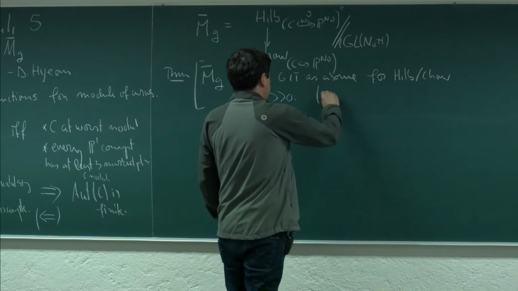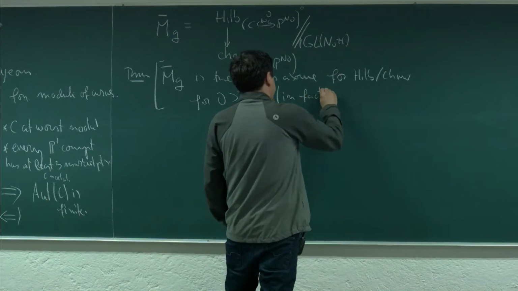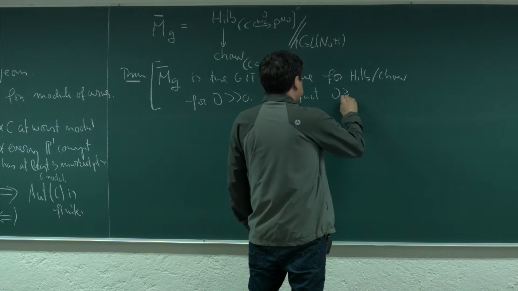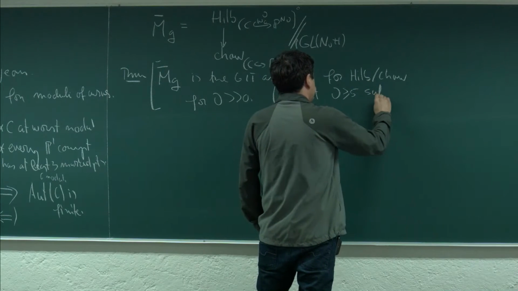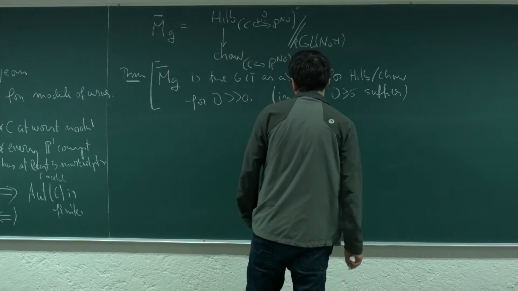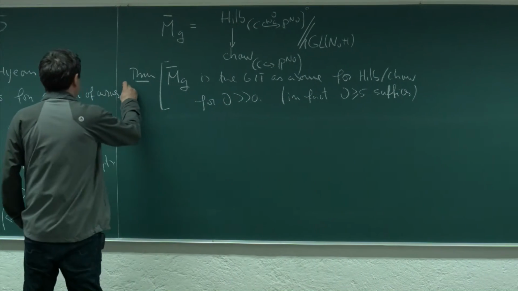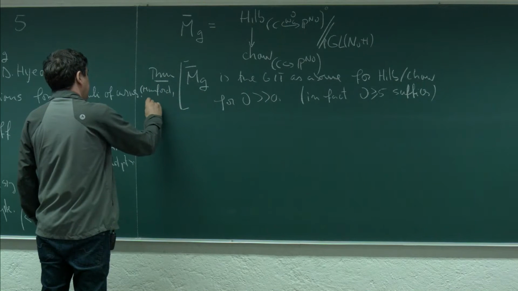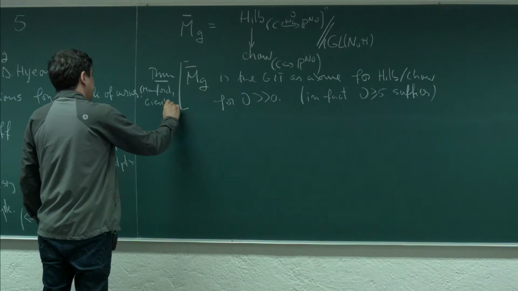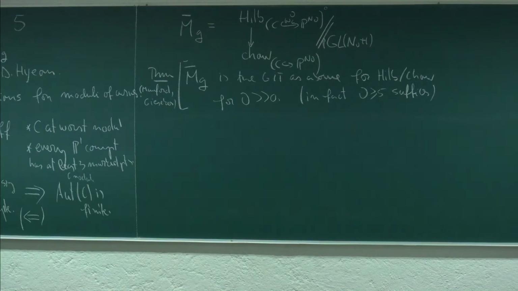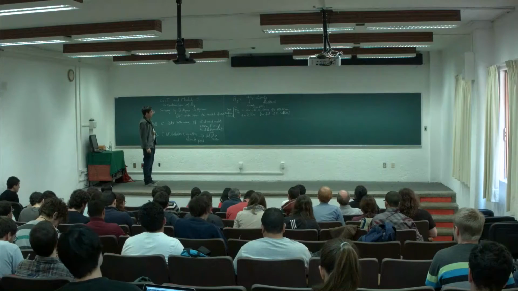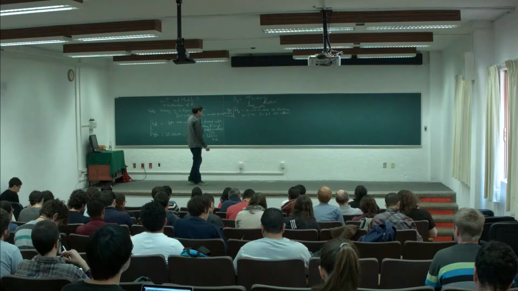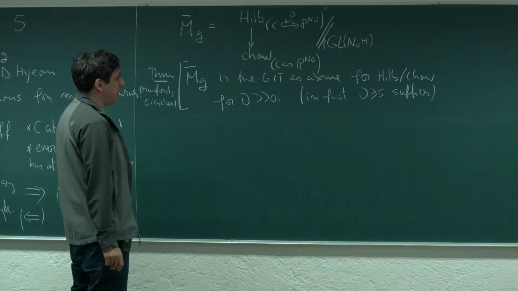In fact, mu greater than or equal to 5 suffices. And this is Mumford and Gieseker, curves. So I will sketch the proof of this one without any real details.